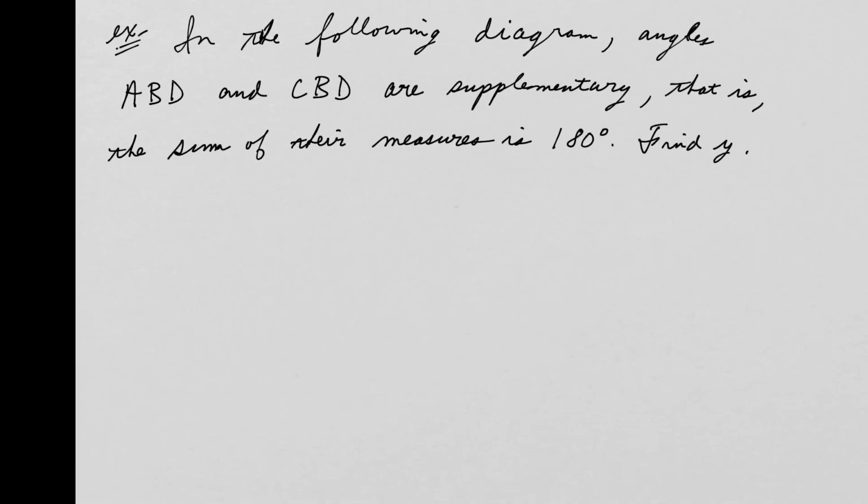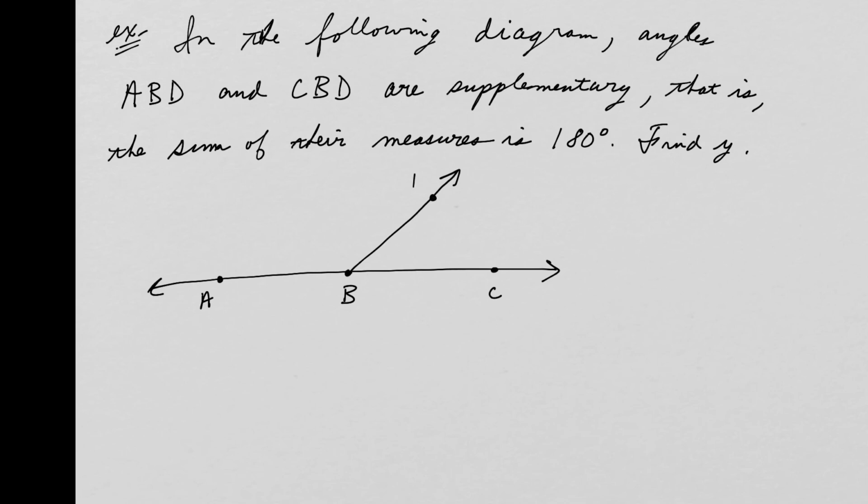So here's the picture. This is A. This is B. This is C. And then this is going to be D. Okay, and we're told that angle, so this angle right here, I can write like this.